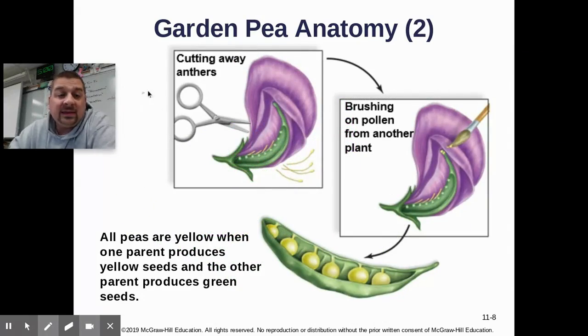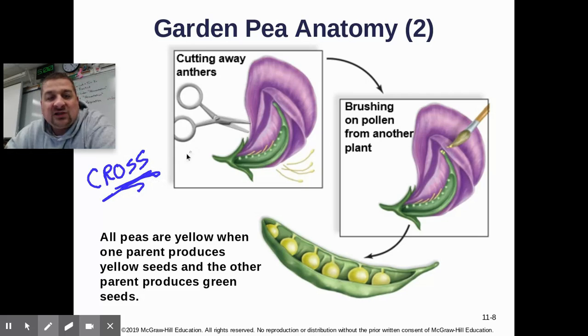Normally they self-pollinated, but he could cross-pollinate. So he could decide, here's one with purple flowers, here's one with white flowers, I'm going to cross them. He would snip off the male parts of the flowers on one plant, and he would bring in a brush with pollen from another plant, like one with white flowers.